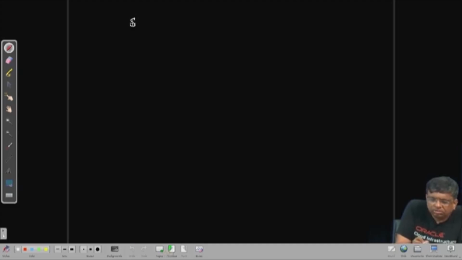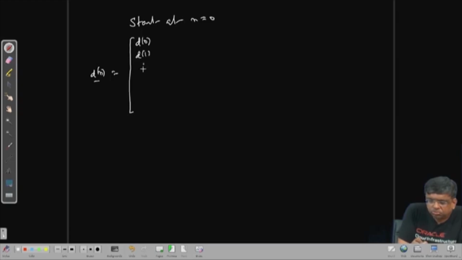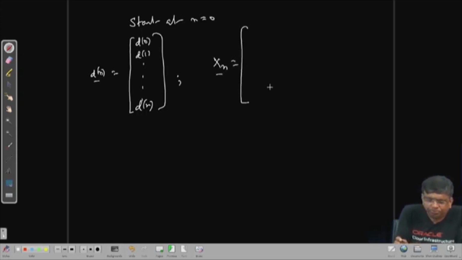Suppose we start at n equal to 0. We have a data matrix, so x0 to x n, a very long vector, maybe starting from 0 to n.